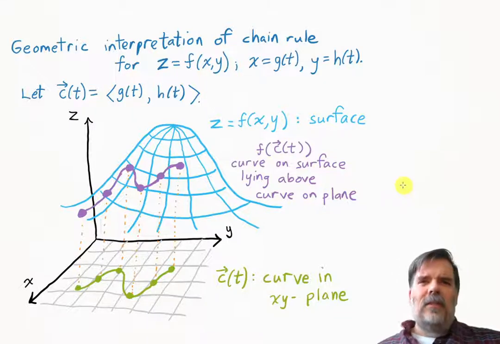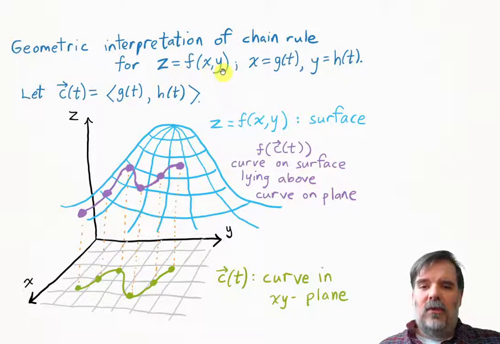Now, what does this mean geometrically? So, for this kind of a problem, where z is a function of x and y, and x is equal to g of t and y is equal to h of t, let's define a vector function c of t, where the x component is given by the function for x in terms of t, and the y component is the function for y in terms of t.